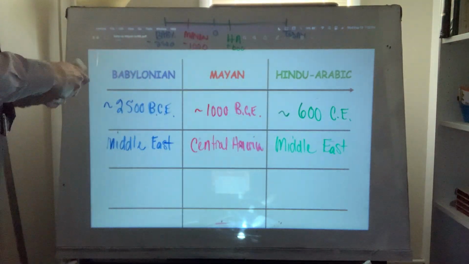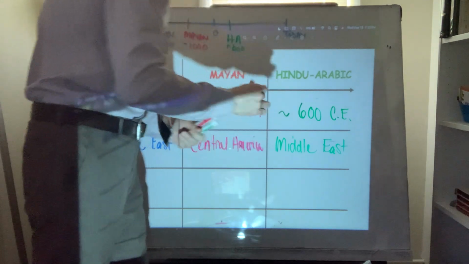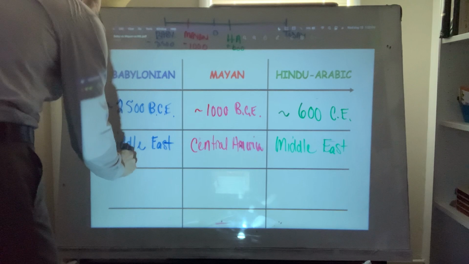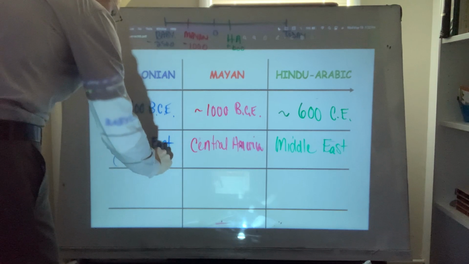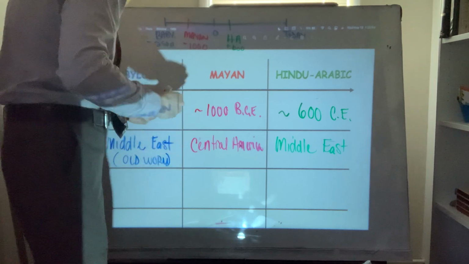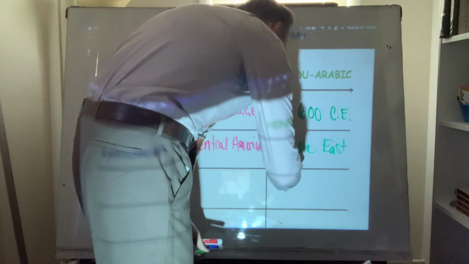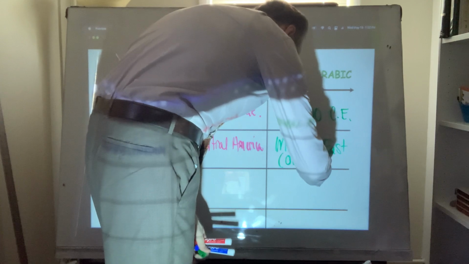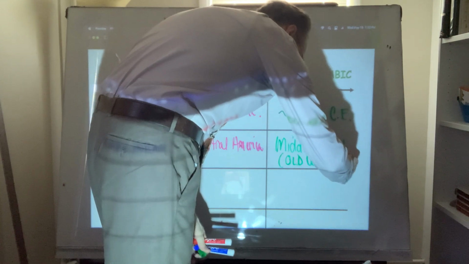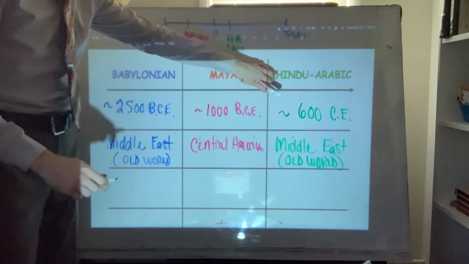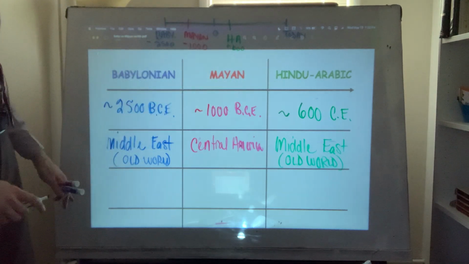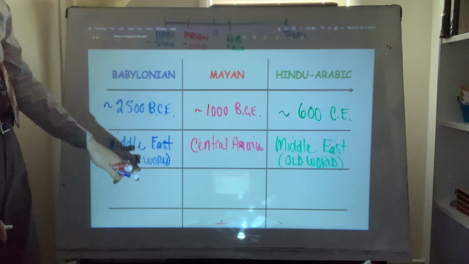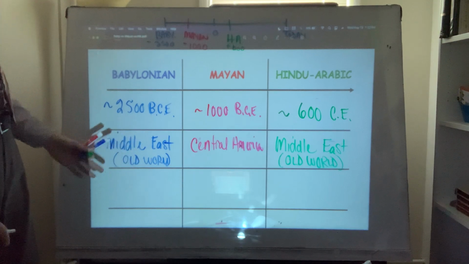What is perhaps more significant is these two systems are from what you might call the Old World. Even if they didn't start in exactly the same places, the people living in India and the people living in what is modern day Iraq certainly were aware of each other, and there were trade routes at the time.